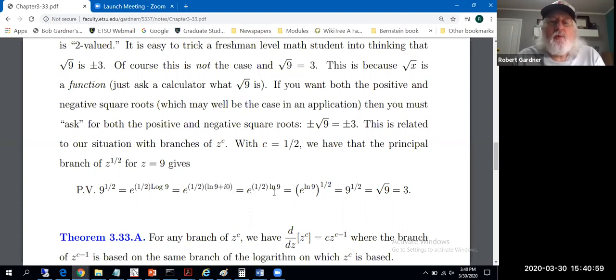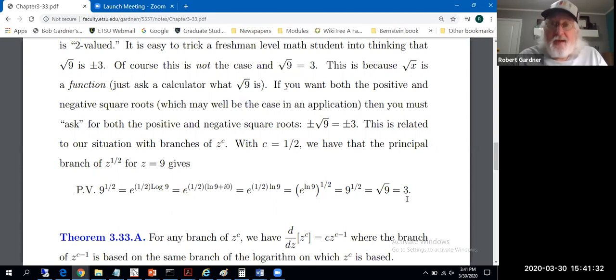We'll be dealing with e to the 1/2 natural log of 9. Gotta love that because everything in sight's real. The real exponential function and the real natural log function can be combined just by composition of inverse functions to produce the 9. 9 to the 1/2, we're totally in the real realm now. That is, the square root of 9 is 3. And even in here, the principal value of the square root of 9 is positive 3, not negative 3.